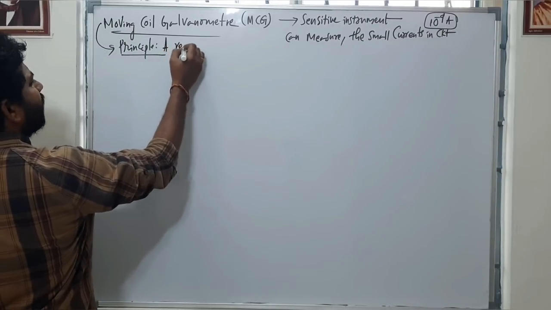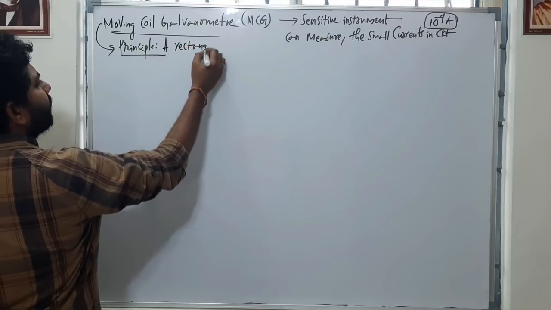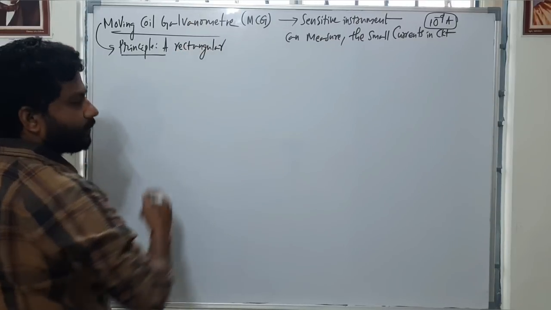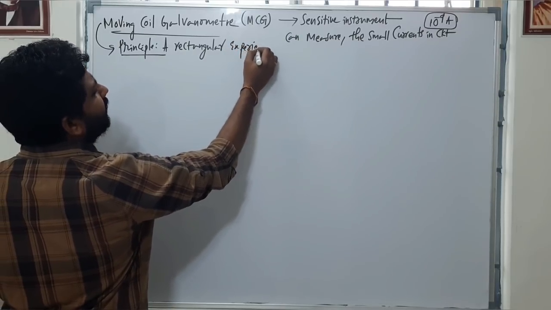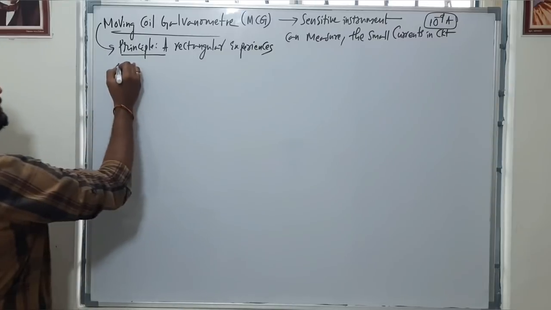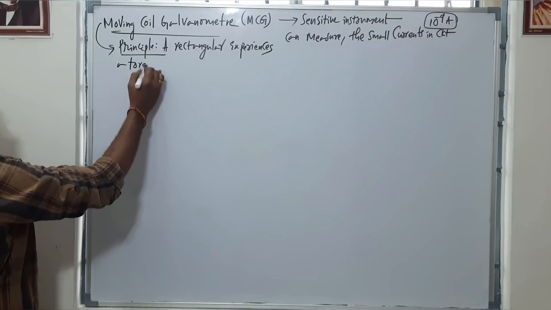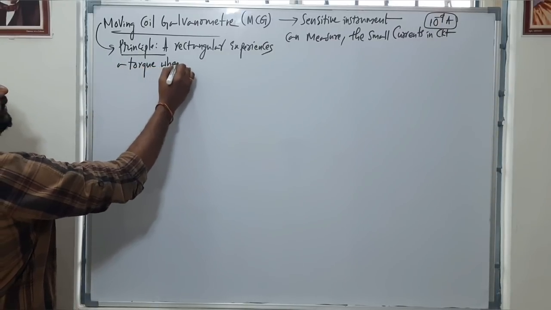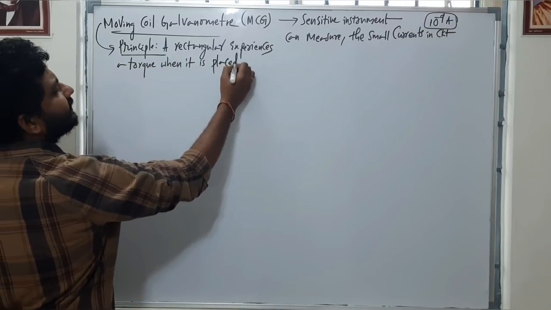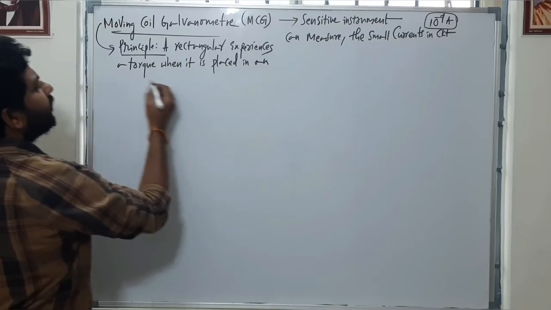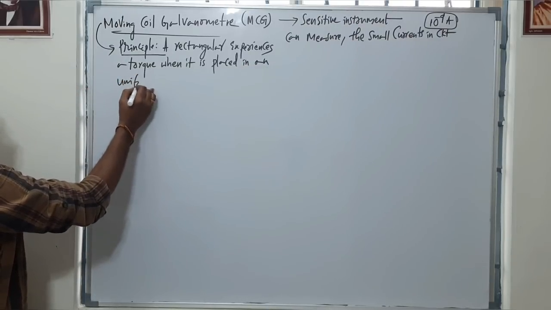A rectangular coil experiences a torque when it is placed in an uniform magnetic field.